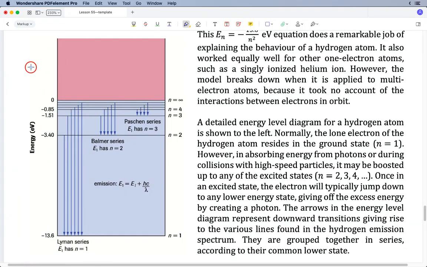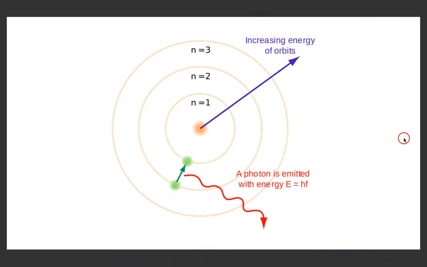Now I'll just return to our original picture of Bohr's model. Bohr said, you'll remember, that when an electron moves from an orbit with a higher energy to one with a lower energy, it releases a photon. And the energy of that photon equals the difference in energies between these two levels.